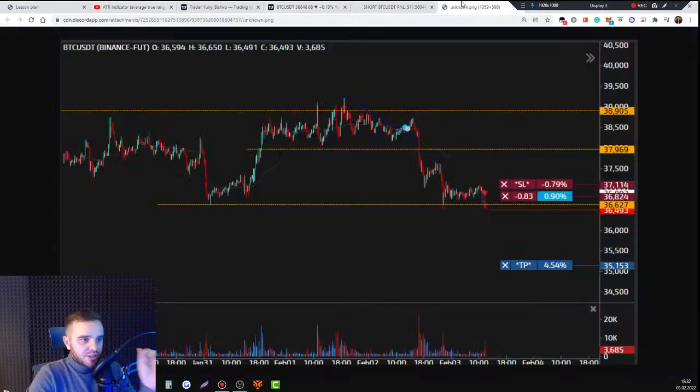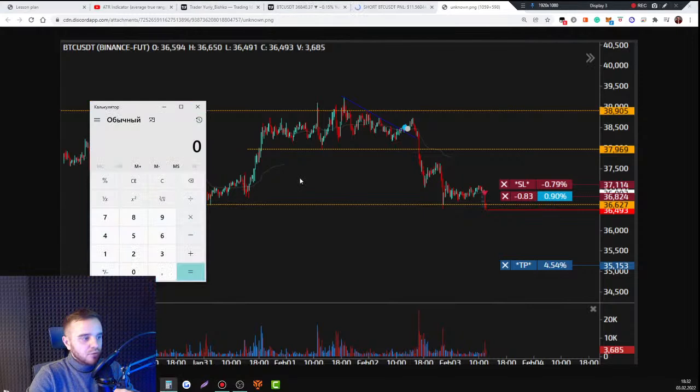But my position size was 0.83 Bitcoins. We can simply calculate 0.83 by the average price, 36,824. It is a 30,000 position size, but the stop loss risk is only 250.